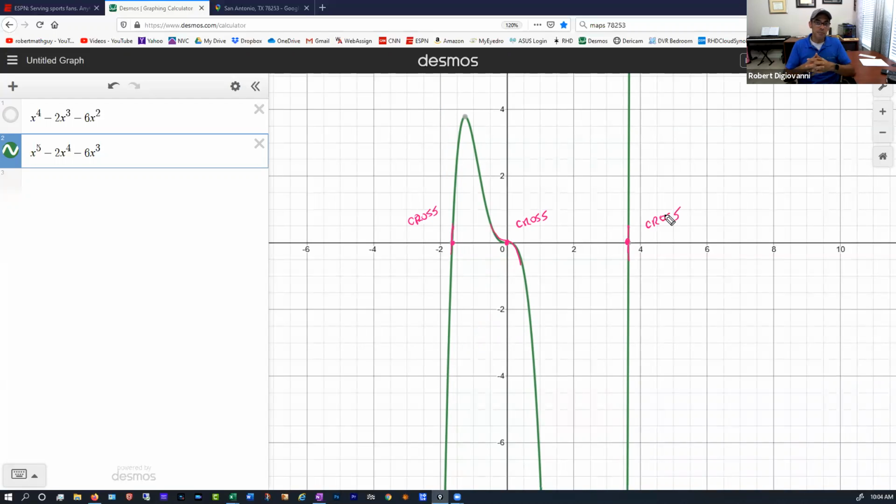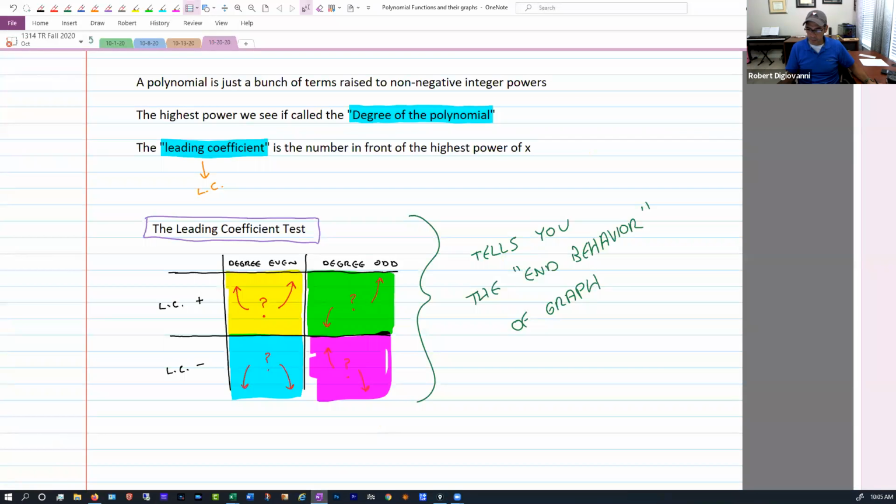All right. So let's get to the steps. Okay, I think I've shown you enough to at least know what the basic ideas are behind this. Let's actually get to the graphing. All right, so here we go. So how to sketch polynomial functions.